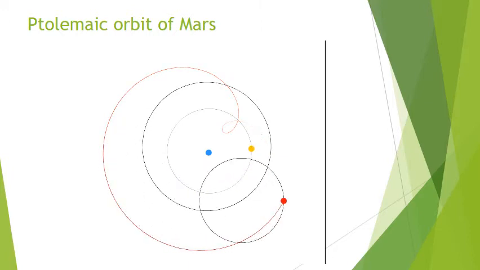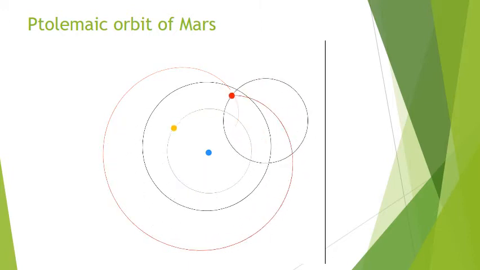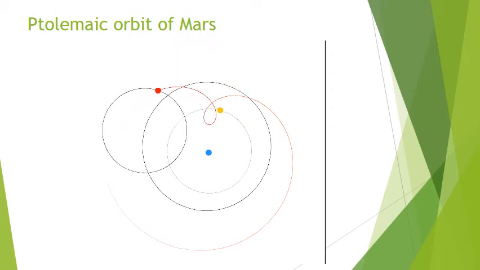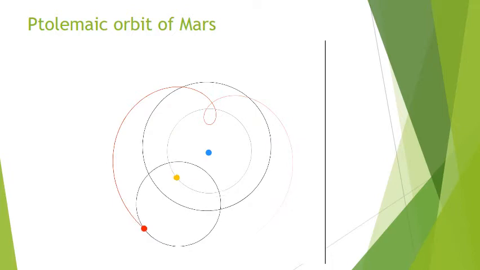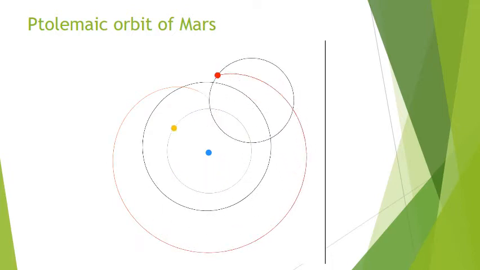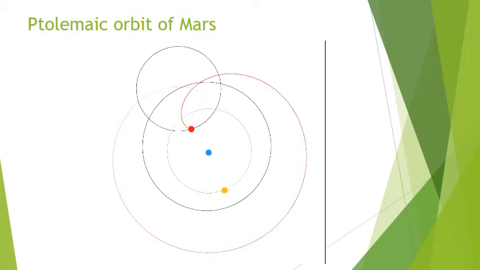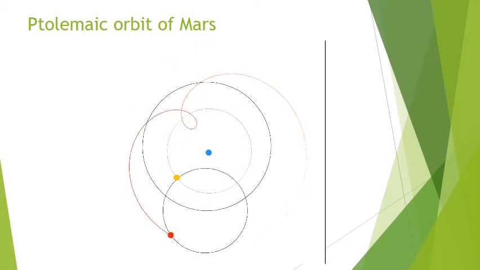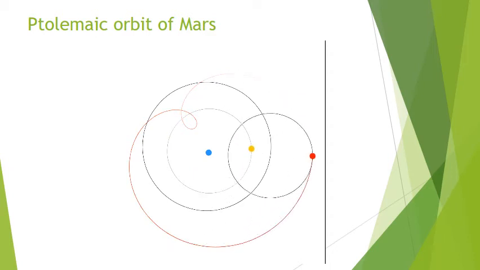But he also had to deal with the fact that Mars also appeared occasionally to slow down, stop, and even reverse direction, what we call retrograde motion, with respect to the background stars. So how to explain it? Also epicycles. Using this epicycle, he could explain the fact that Mars appeared to not be going under uniform motion.